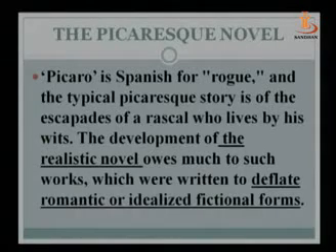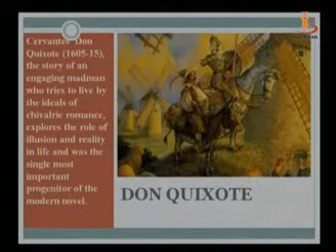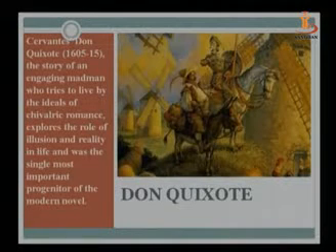So let's have a look at the next slide, where we look at a very important picaresque novel called Don Quixote. Cervantes, who wrote Don Quixote, tells the story of an engaging madman who tries to live by the ideals of chivalric romance, explores the role of illusion and reality in life, and was one of the single most important progenitors of the modern novel.